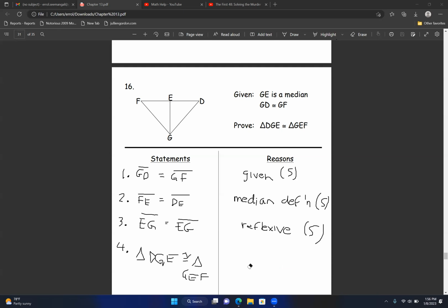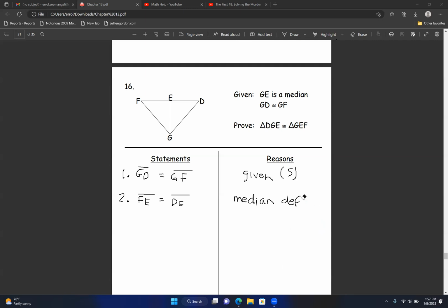So the only one we didn't see was AA. If any two angles of a triangle are equal, then the third has to be equal too. So if you prove that two angles are the same, then automatically you should know AAA.